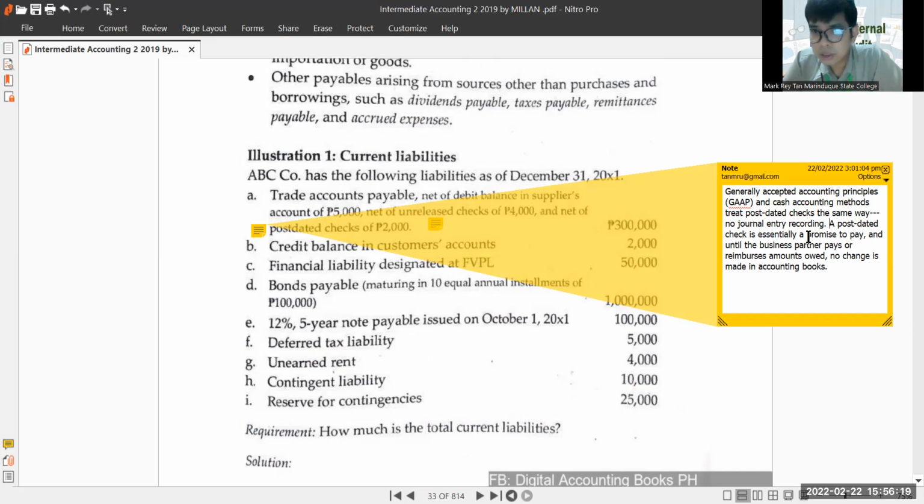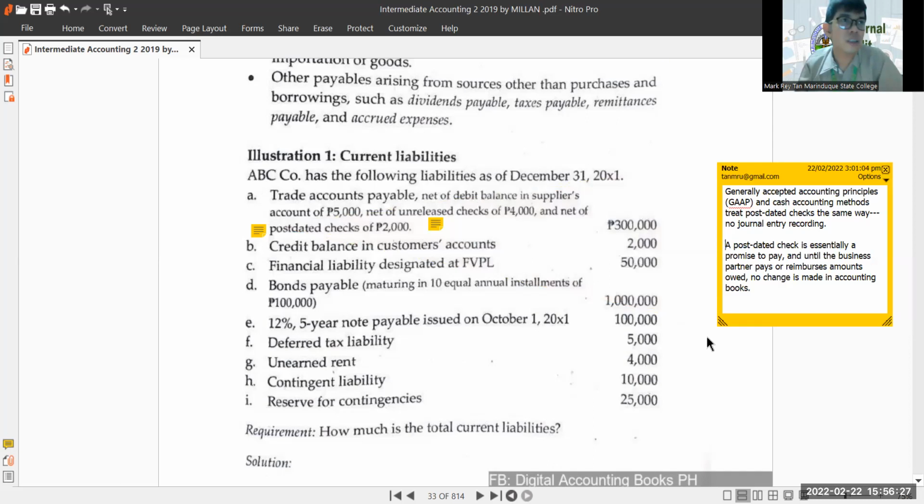Pero ang sabi dito, post-dated check is essentially a promise to pay. Ayan, a promise to pay. Just to give you an explanation, ang ibig sabihin ng post-dated check ganito. Anong date ngayon? February 22. So let's say meron akong transaction. Nag-transact ako sa aking let's say supplier.